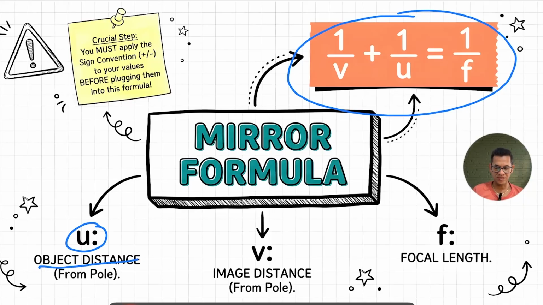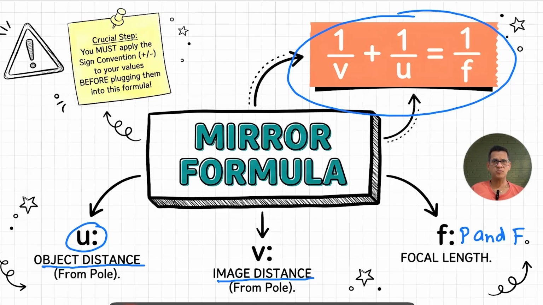In other words, it is the distance of the object from the pole of the mirror. v is image distance, which is the distance of the image from the pole of the mirror, and f is focal length, which we already know is a distance between point P and point F, that is focus.